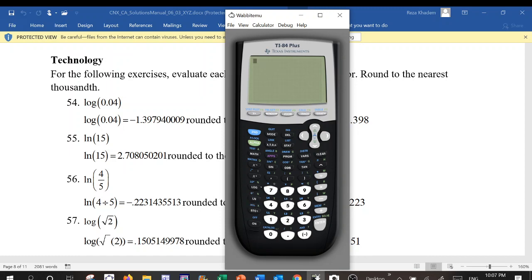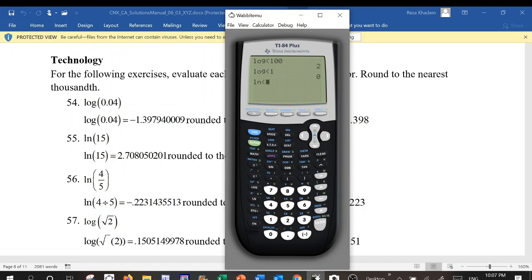So for example, what is log of 100? Did you say 2? Yes. And what is log of 1? Well, 0, right? So if we have base 10, we can use that. If we have base e, we can use that.